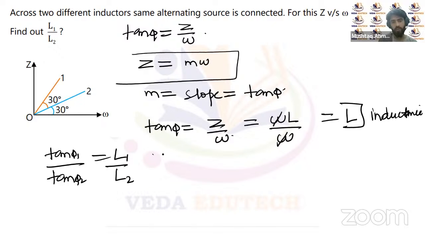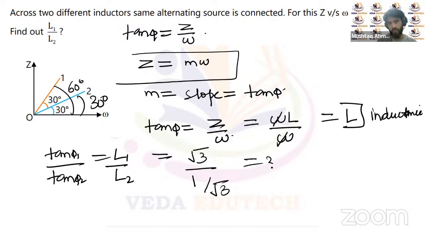The value of phi 1 is 60 degree and phi 2 is 30 degree. Tan of 60 is root 3, and tan of 30 degrees is 1 over root 3. So the ratio between L1 and L2 has to be equal to 3 ratio 1.